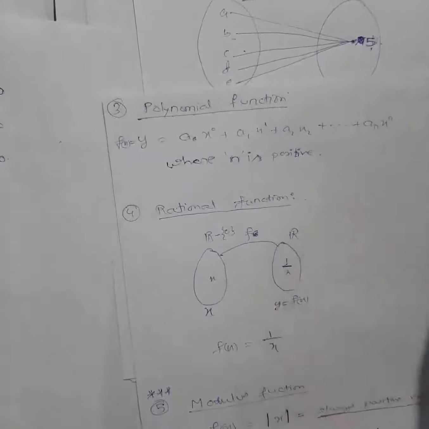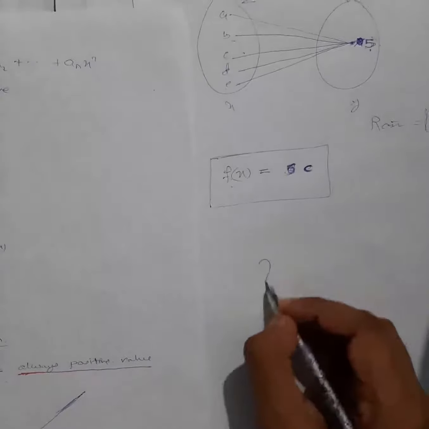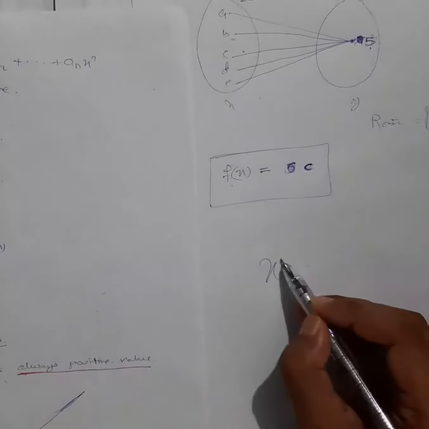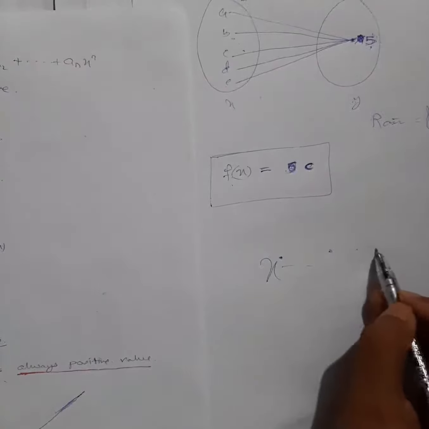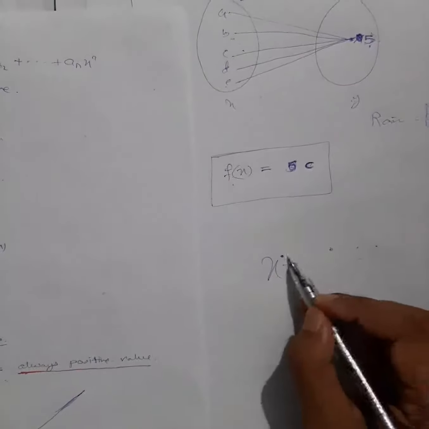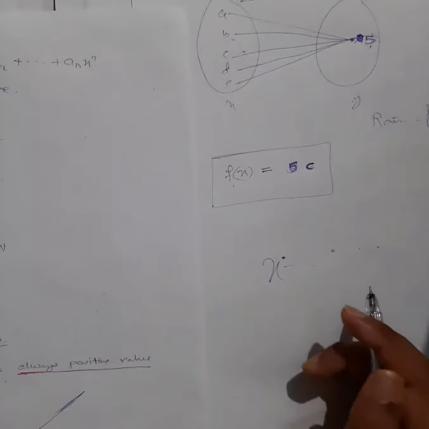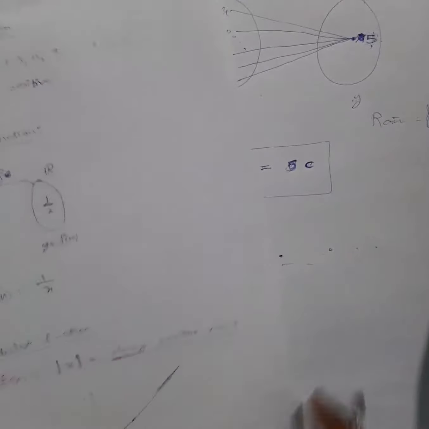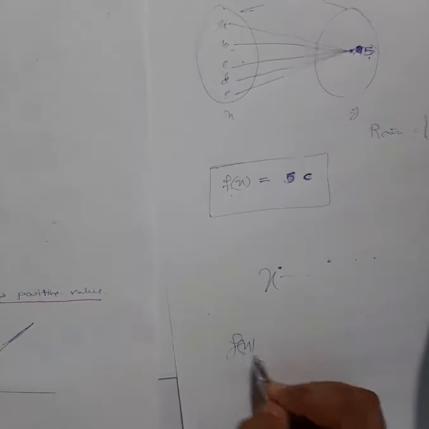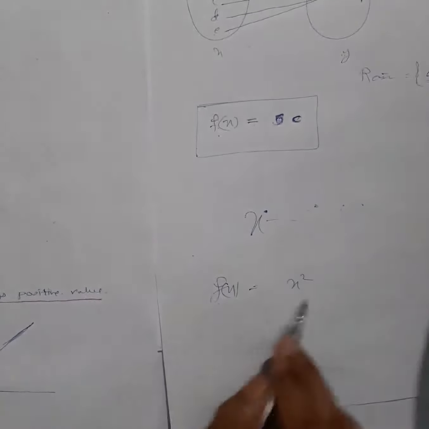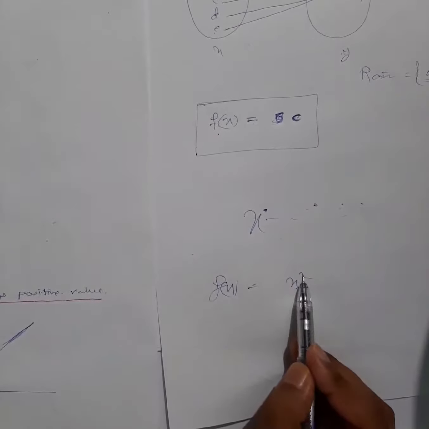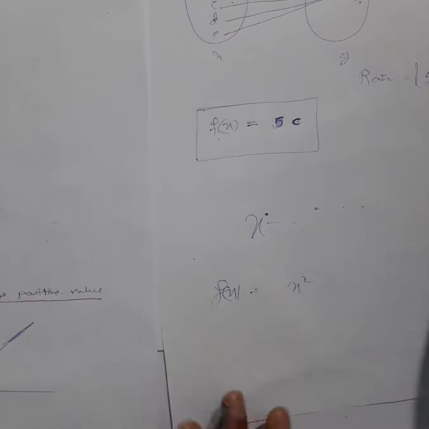Whatever expression you have in the variable, you used to check whether the power is a whole number or not. If it is a whole number, we used to say that is a polynomial. So those kinds of functions, Fx equal to, you have already done, right? This one, x square, is it a polynomial function or not? Yes, the power is a whole number, right? So this is a polynomial function.